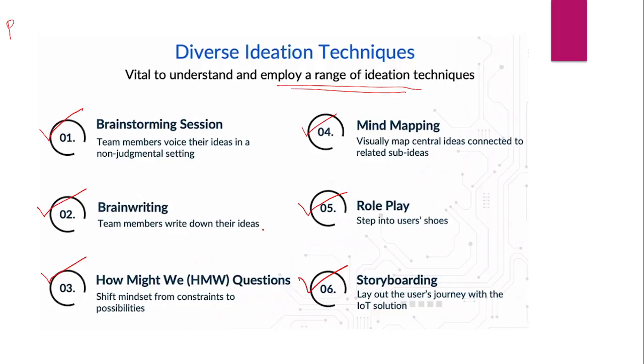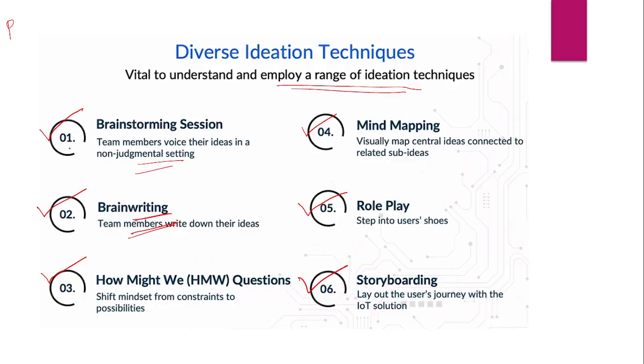In brainstorming, you simply put a problem to the team group, and the team members voice their ideas in a non-judgmental setting. Every team member is ready to give a solution, and you just take the solutions given by the group members. Next, brain writing means asking the team members to write down their ideas. Through writing, you may get more clarity than through speech.